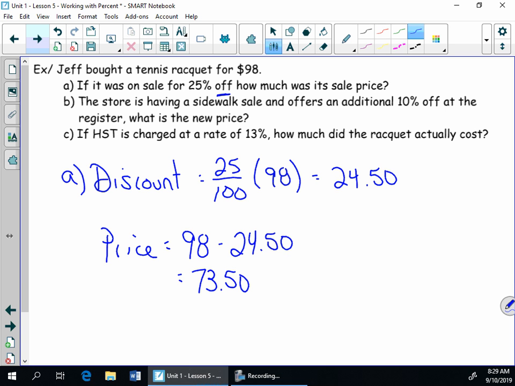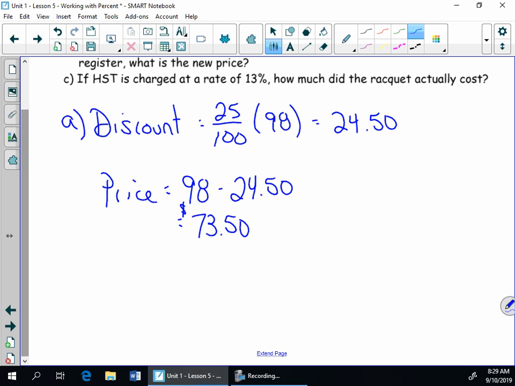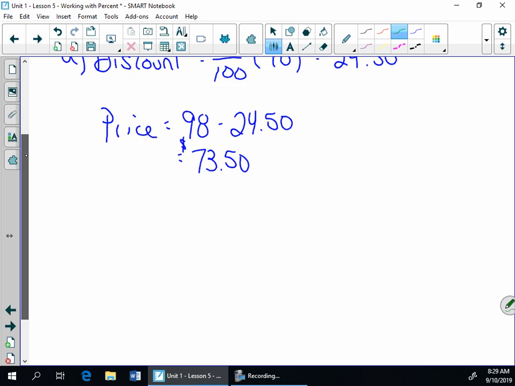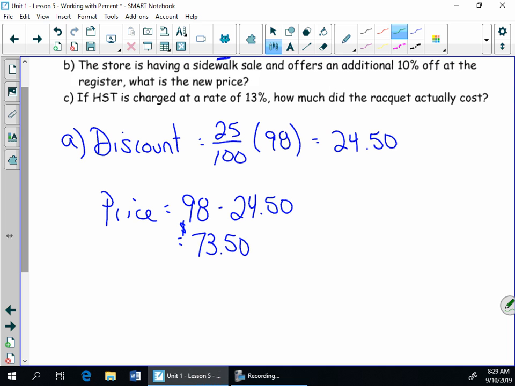Part B. The store is having a sidewalk sale, and offers an additional 10% off at the register. What's the new price? Oh, we get another discount.